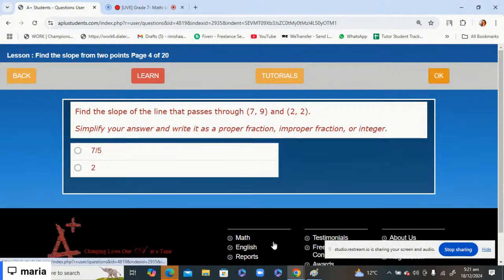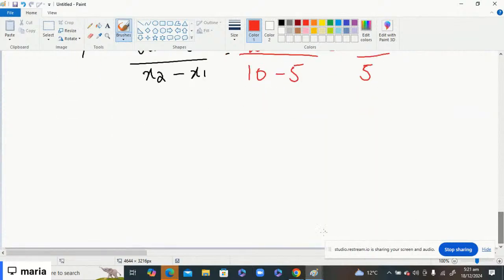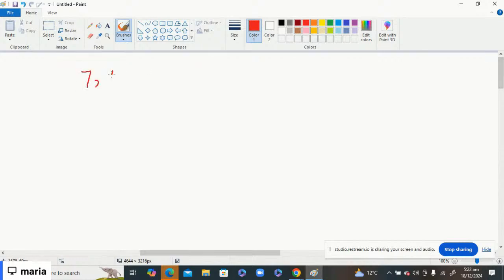Find the slope of the line that passes through 7, 9 and 2, 2.